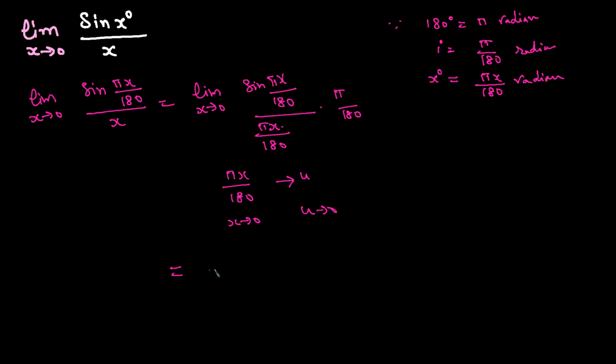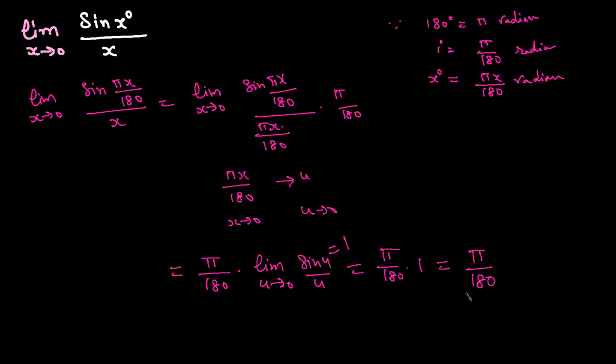That gives me pi over 180 times the limit as u approaches 0 of sine u over u. The limit of this is equal to 1. So we get pi over 180 times 1, and the answer is pi over 180. That's how you can solve problems like this. This can be used as a standard formula too: the limit of sine of x degrees over x is just pi over 180.